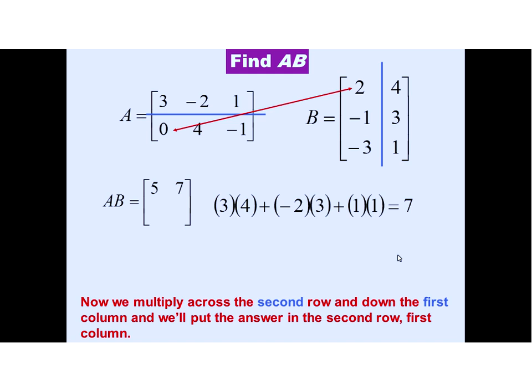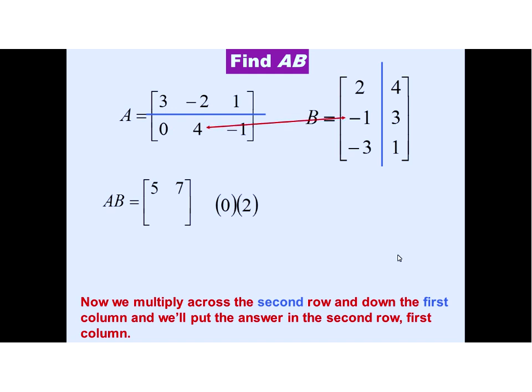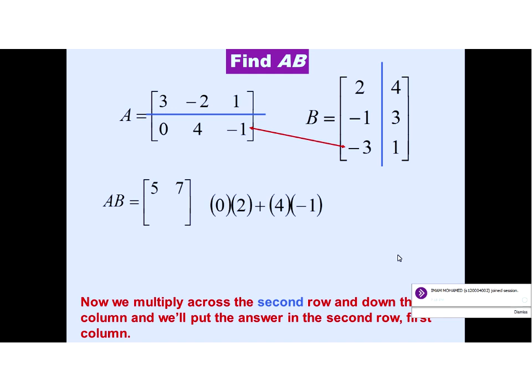So I will multiply 0 multiplied by 2 and plus 4 multiplied by minus 1 and plus minus 1 multiplied by minus 3. So we get minus 1. So I put minus 1 over here.